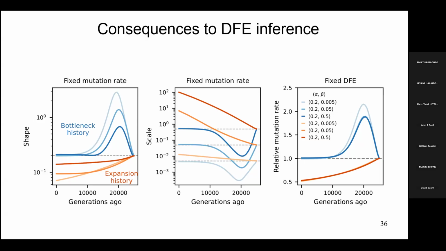When we take the DFE for granted and fix these two parameter values, shown in parentheses, and try to infer this time the deleterious mutation rate, we have the relative mutation rate shown by the dashed line. One means that we are recovering the true value. Starting from the ancestral population, nice, we can recover the true value.